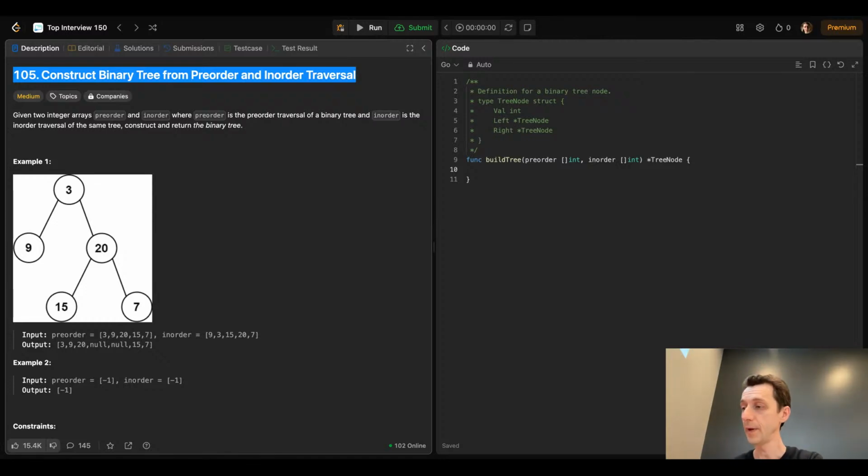It's called construct. Okay, I hope I'm sharing it, and let's start the clock. I'm going to try to understand it first. Okay, it's 1:05. Construct Binary Tree from Preorder and Inorder Traversal.